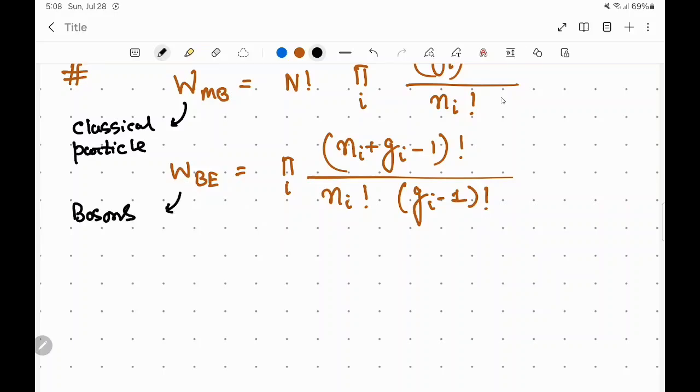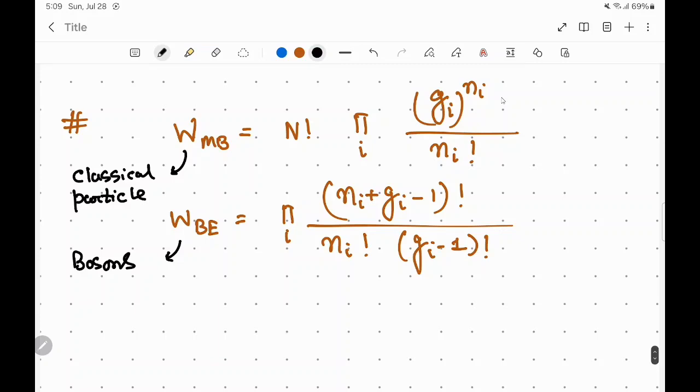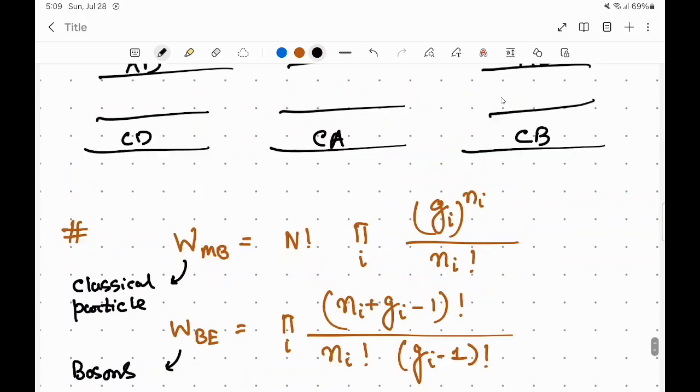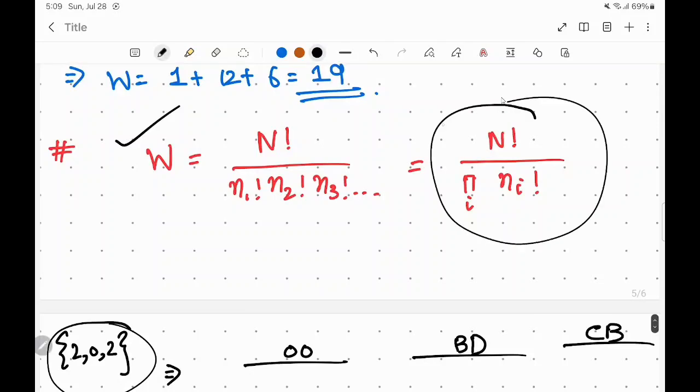No, the derivation is not important, but you can think this is very easy. For this formula, the essence of the derivation is very easy: if there are N particles in total, the number of arrangements will essentially be N factorial, because N into N minus 1 into N minus 2 and so on, so it will give N factorial.